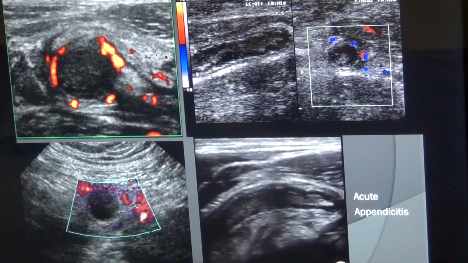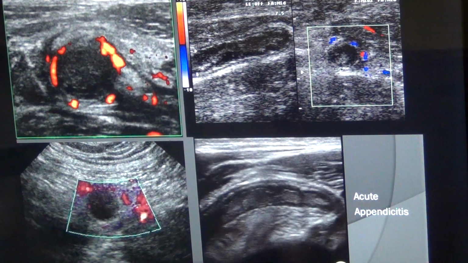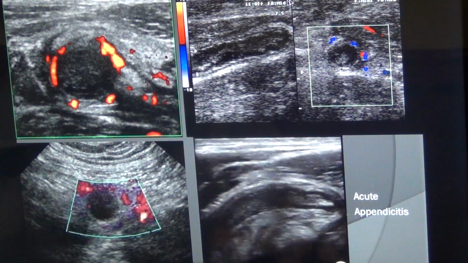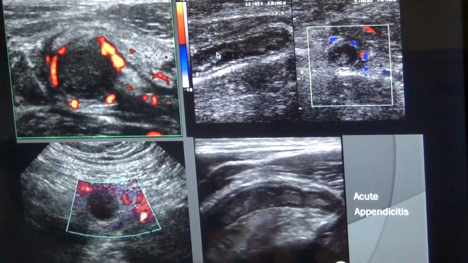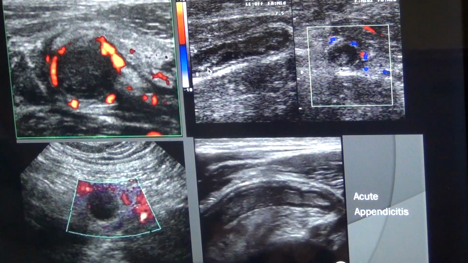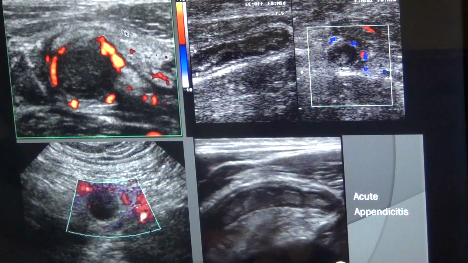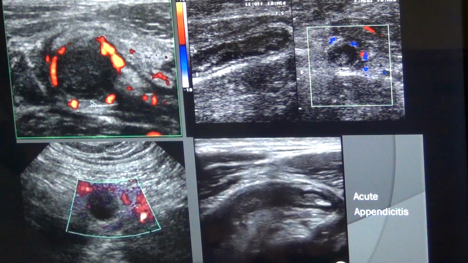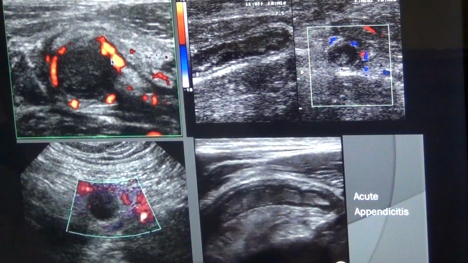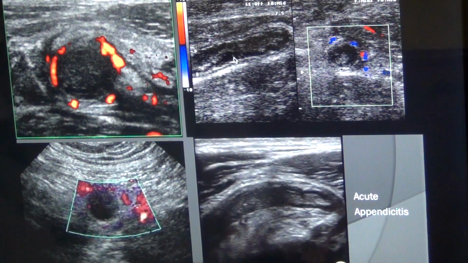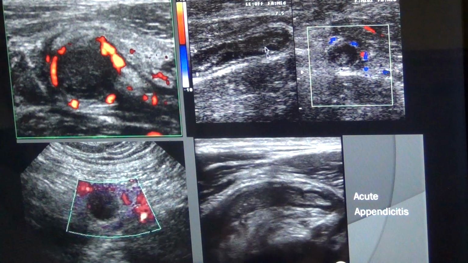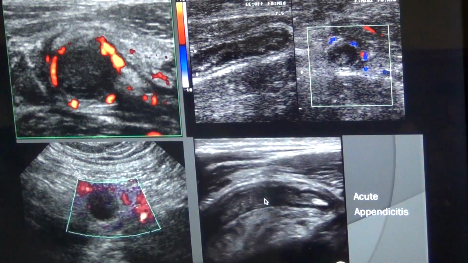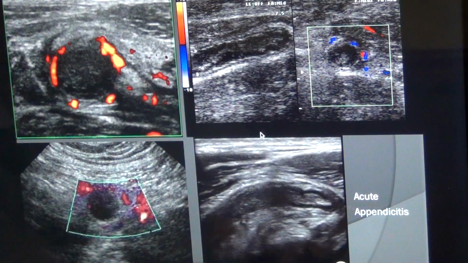Okay, now you have to click the color, then you will see it is very colorful. And now if you do in transverse view, then you will see what? In sagittal view it just looks like a sausage, sausage like structures, or you can say hot dog like structures.